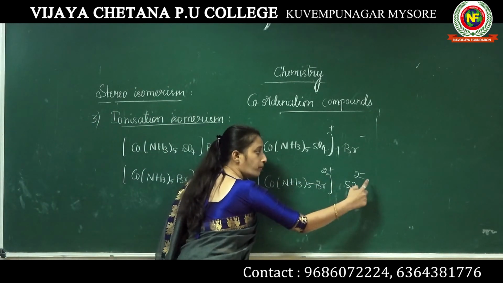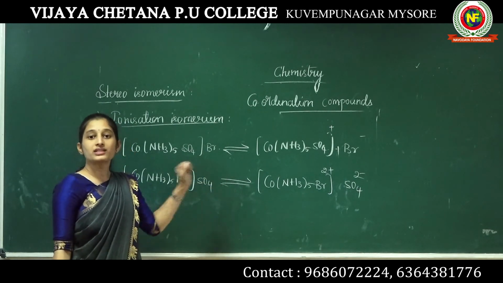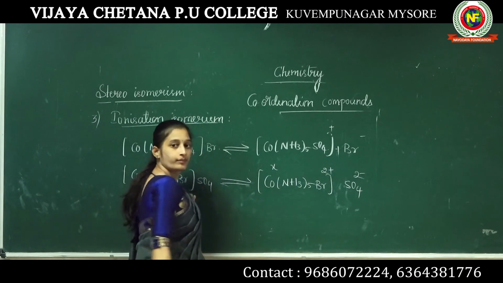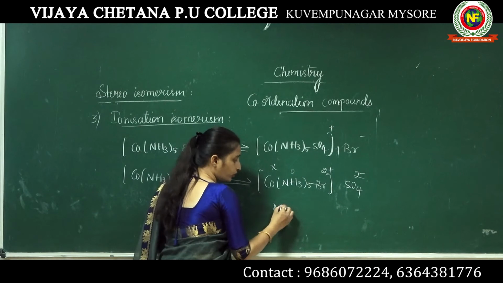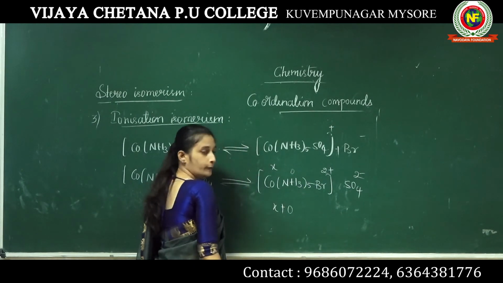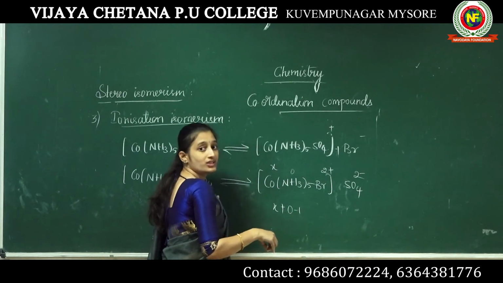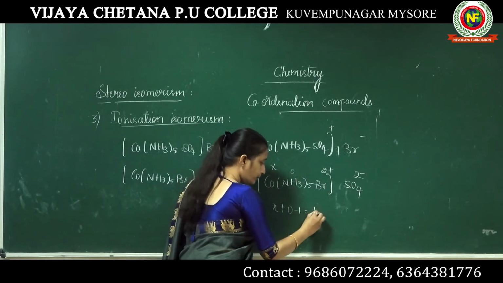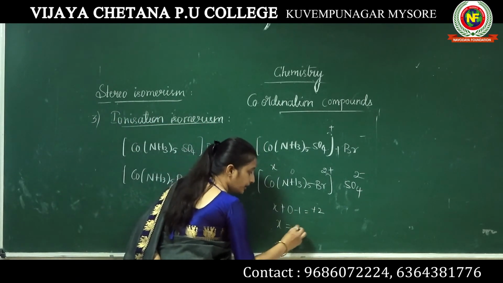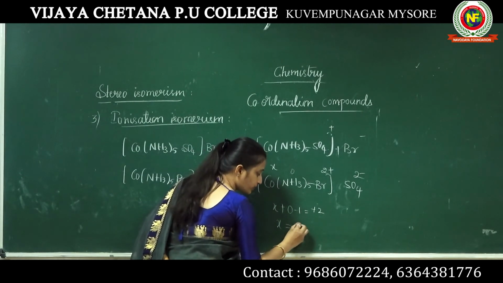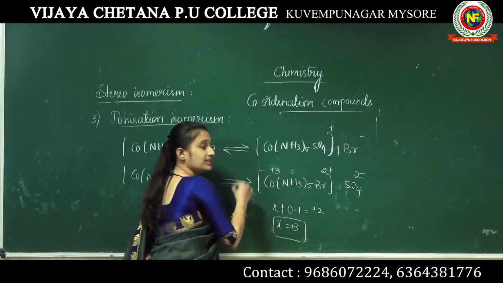Here +2 and -2. You just calculate the oxidation state of metal X. I don't know X. NH3 is neutral, so 0 into 5 is 0. Br is -1. Why? Halogen. So overall charge is +2. X minus 1 equals 2, so X is +3. Oxidation state is +3 for this.